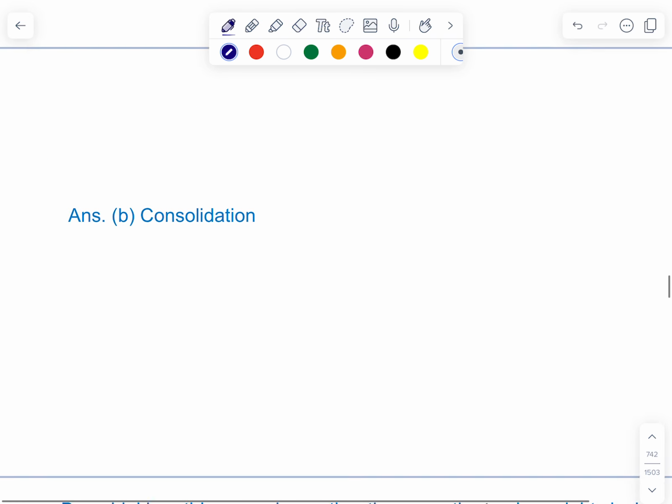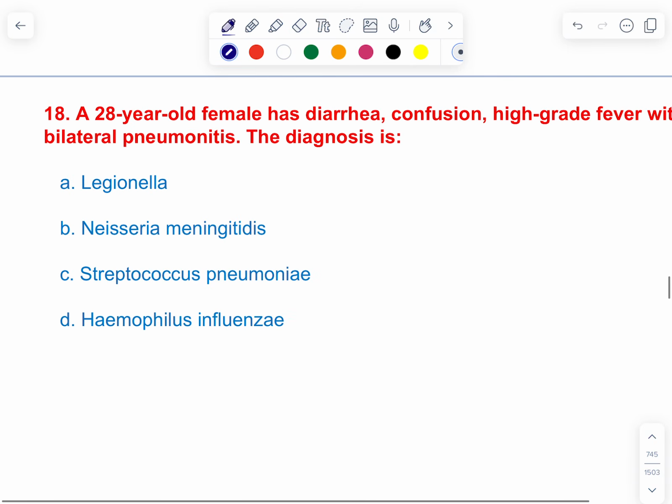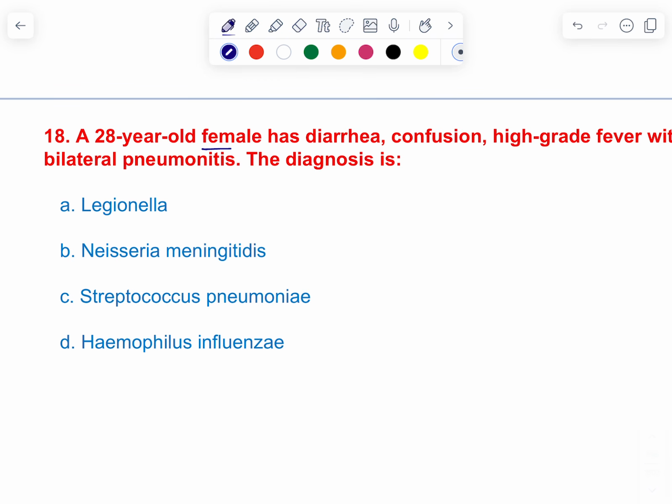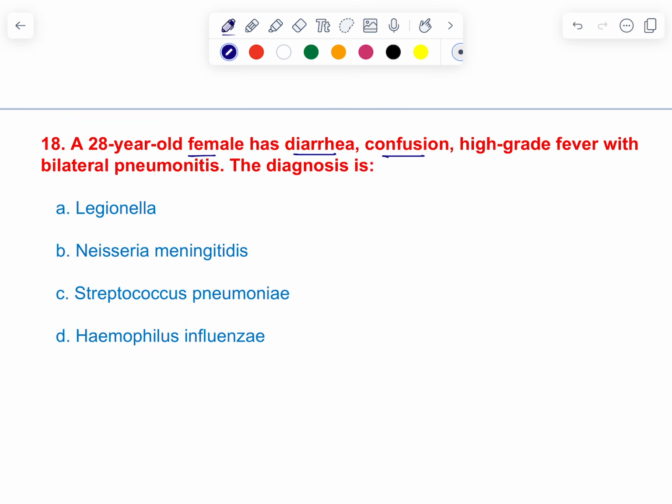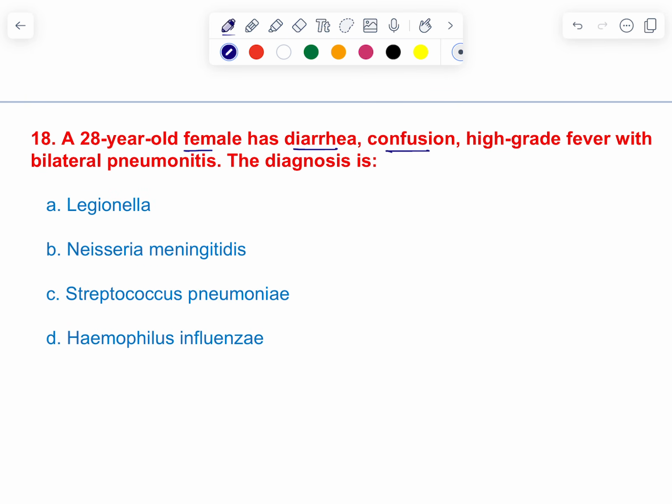Next question. A 28-year-old female has diarrhea, confusion, high-grade fever with bilateral pneumonitis. What do you think is the diagnosis? The options are Legionella, Neisseria meningitidis, Streptococcus pneumoniae, Haemophilus influenzae.